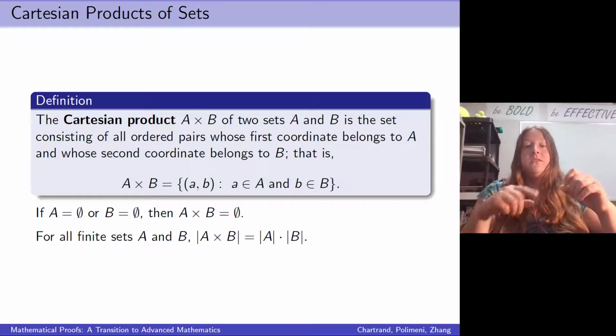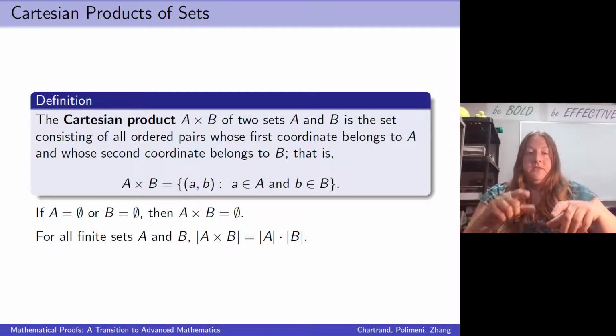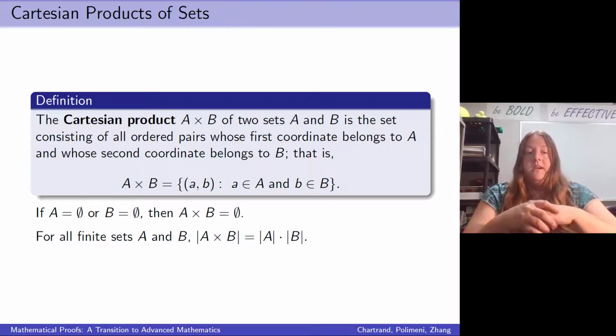So the first element in your ordered pair always has to come from the first set in your Cartesian product. So I have A first in my Cartesian product, so lowercase a is coming from A and it's coming first in my ordered pair. B is second in my Cartesian product, so lowercase b as an element of B is coming second. Order matters on these. That's why they're called ordered pairs.